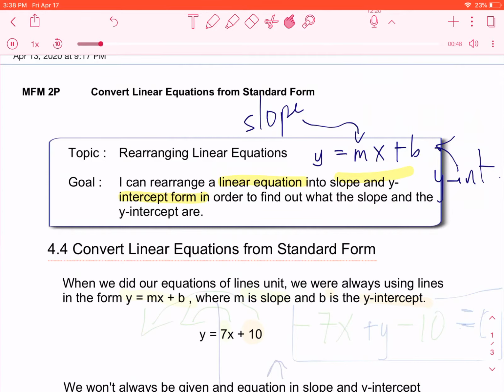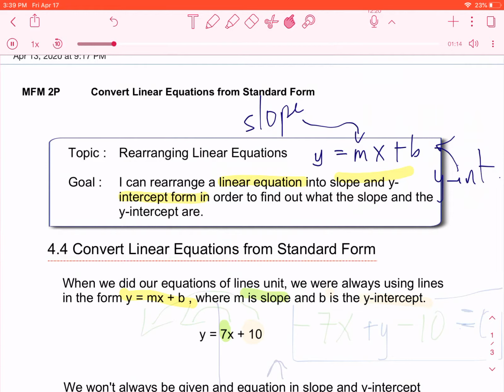Your goal is also to figure out what your slope is and also what your y-intercept is. So to go forward in this lesson, something that you might recall is just simply looking at the equation for y equals mx plus b, where we need to identify what our slope is. So in this case, if we have m as 7, that means our slope is 7 or 7 over 1.